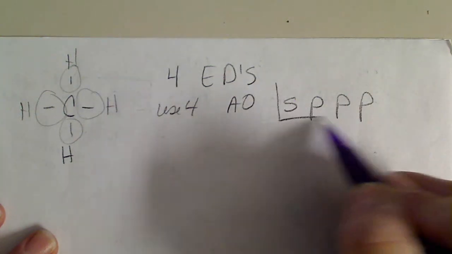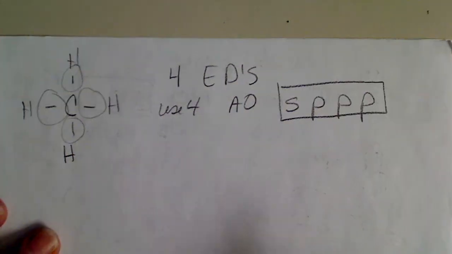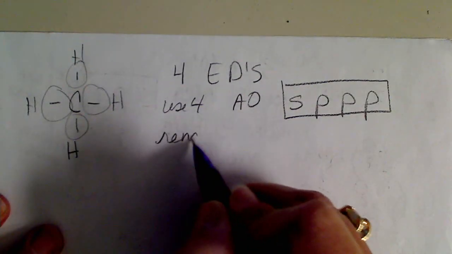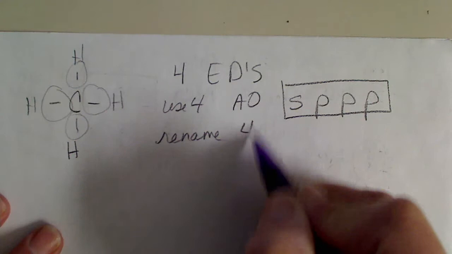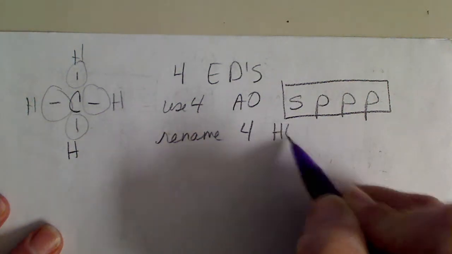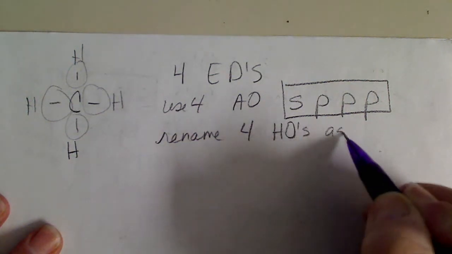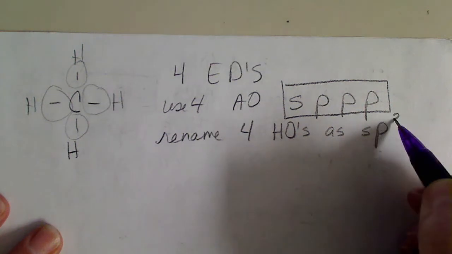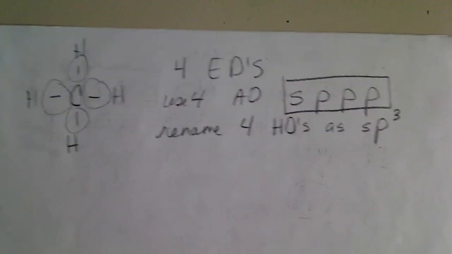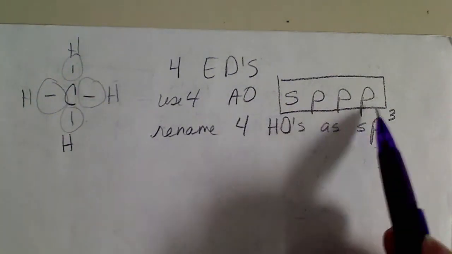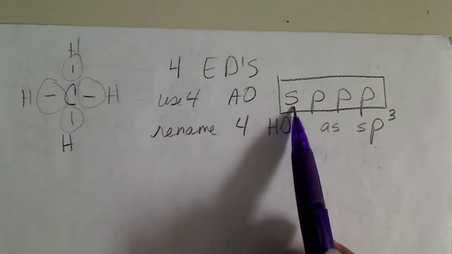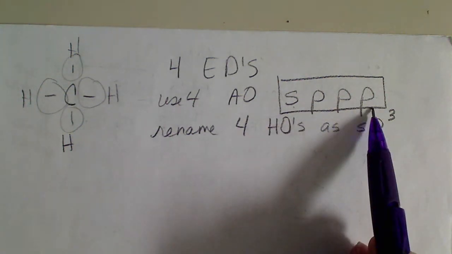So we're going to use all 4 of these and rename 4 hybrid orbitals as sp3. So for this set of hybrid orbitals, we use the s orbital and all 3 of the p orbitals.